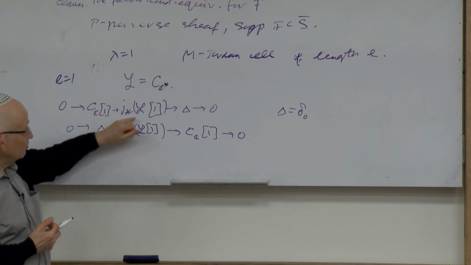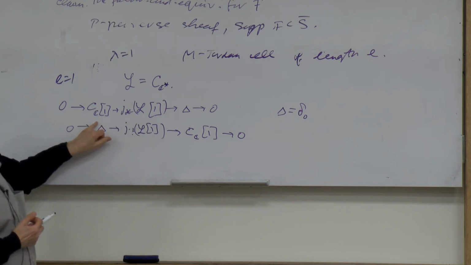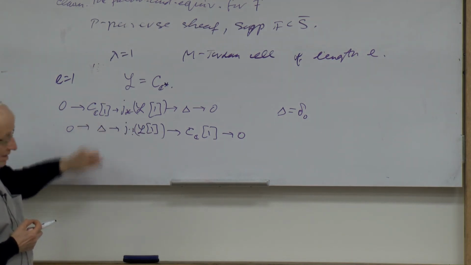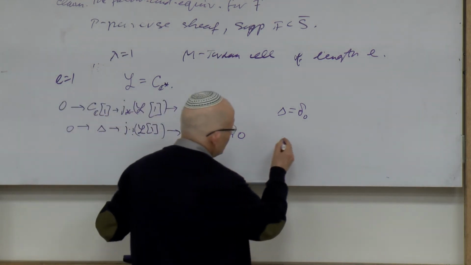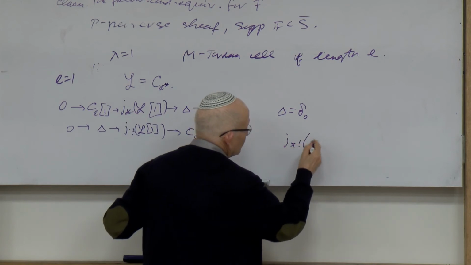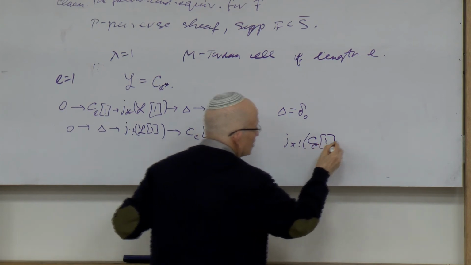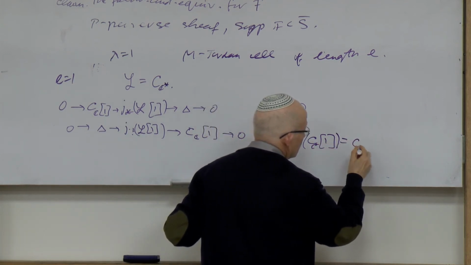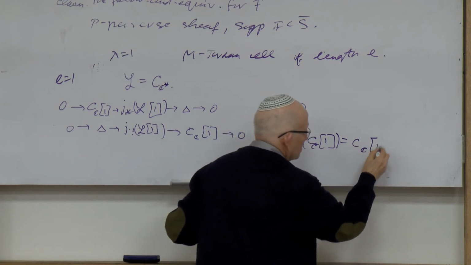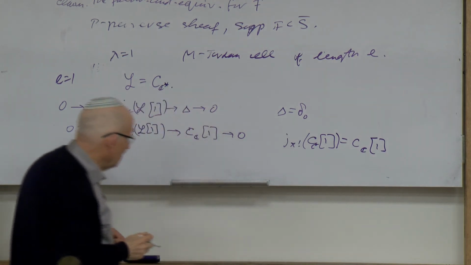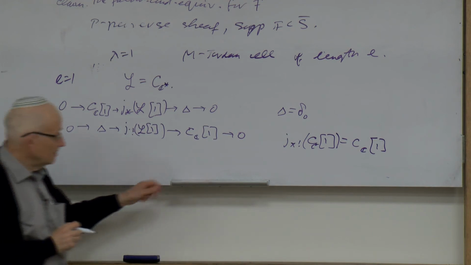Now what is the morphism from here to here? It's quite clear that this morphism maps this quotient to this sub. Okay, so in this case, J star shriek of the constant sheaf of C star will be just the constant sheaf of C. So this operation maps the trivial sheaf into the trivial sheaf.